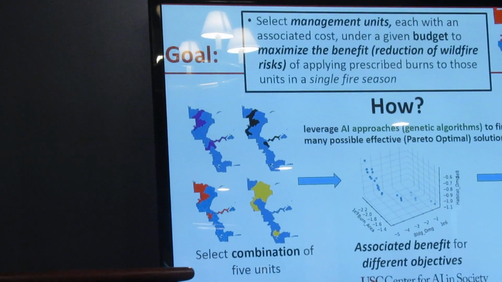And so then it becomes very complex now that you have many possible very good solutions that provide different trade-offs between, let's say, habitat versus building versus watershed. You need the human decision maker to see through them and understand which one they would decide to implement, right?